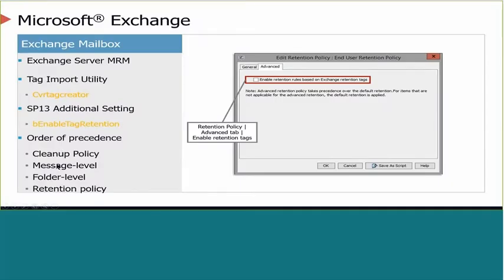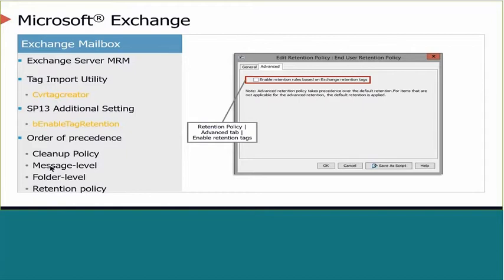So what happens is with that option in place and leveraging the Exchange tags, we will honor some of those rules in lieu or in front of some of the Commvault policies.